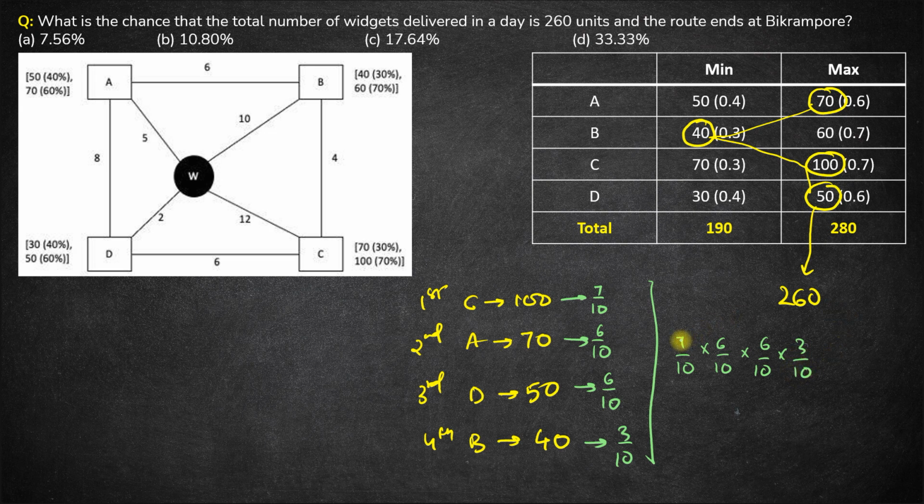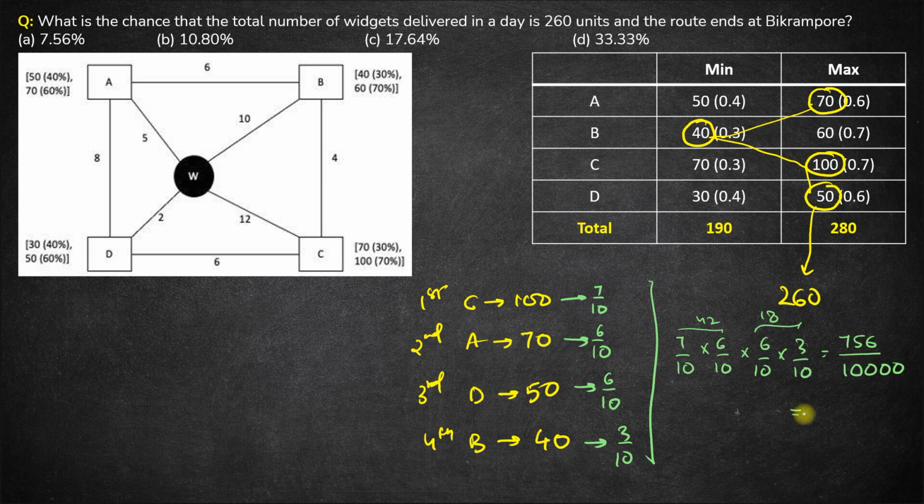Okay. So 7 into 6 is 42, 6 into 3 is 18. So we have 42 into 18 is 756 divided by 10000. Okay, 1 2 3 4.